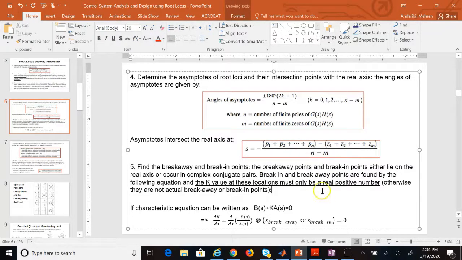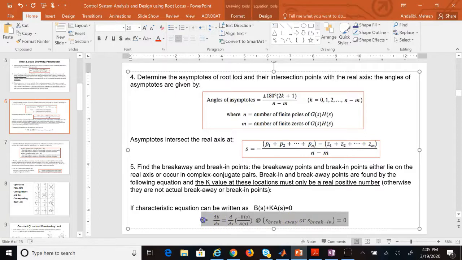That is really helpful. First of all, how do we find them? The first thing is we rewrite our characteristic equation 1 plus G(s) equals 0 into a form like this: B(s) plus kA(s) equals 0, or in other words, we find k from that equation based on everything else, and then we take a derivative of k with respect to s. The derivative of k with respect to s at the breakaway or break-in points is equal to 0.